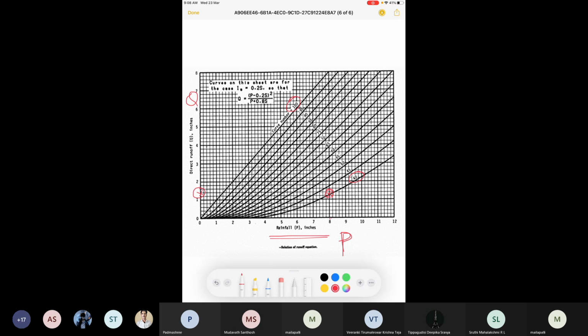These graphs are available for some of the watersheds. We can directly estimate the direct runoff from the graphs. The first thing we should know is the curve number. Knowing the curve number for a particular area and the rainfall, what is the corresponding direct runoff?